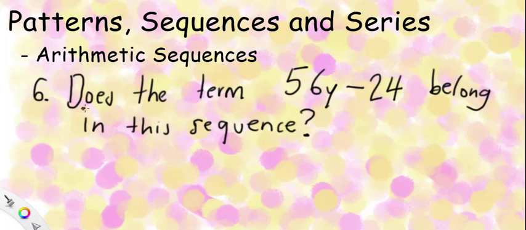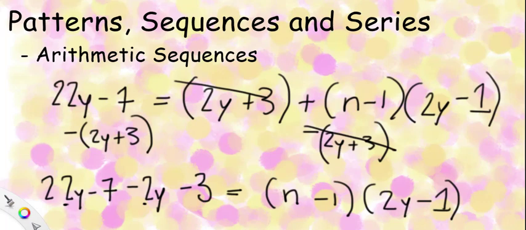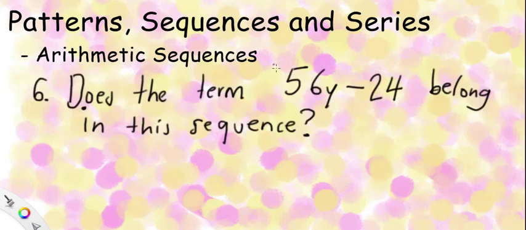How we find out that terms belong in the sequence is pretty much the same as what we did in the previous example. We need to substitute in and solve for n, but we always have to remember the special restriction that goes with n, that n must always be a positive whole number. Guys, this is important.